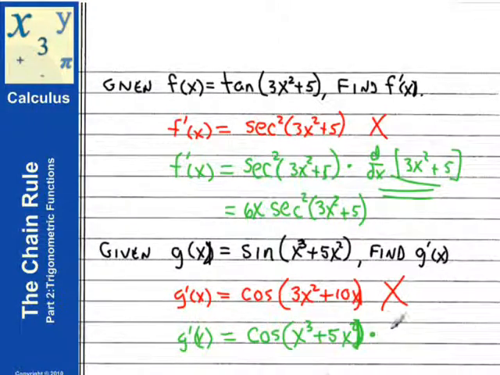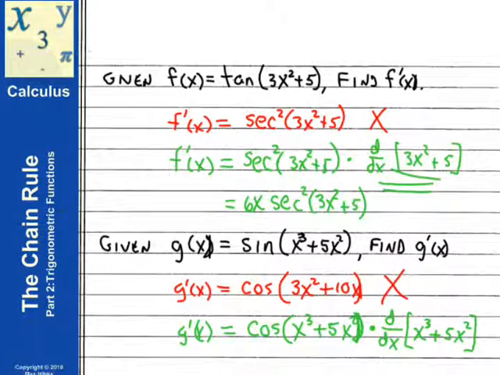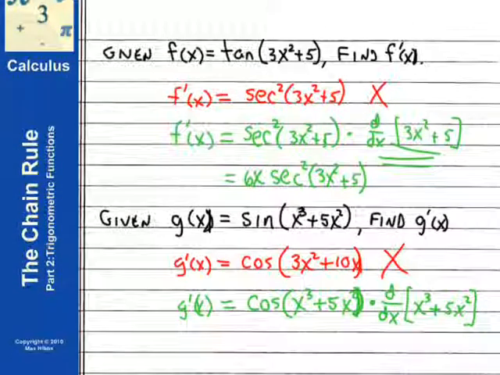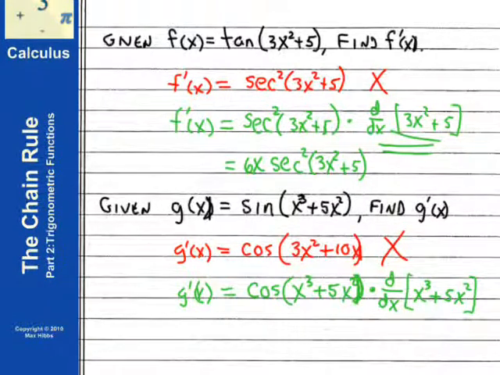But what happens is we multiply on the outside with the derivative of the inside. So when we multiply on the outside with the derivative of the inside, of course, we know that we get multiplying with 3x squared plus 10x.